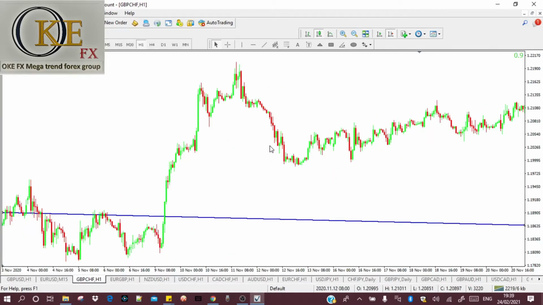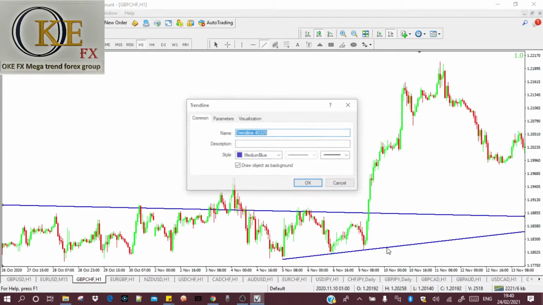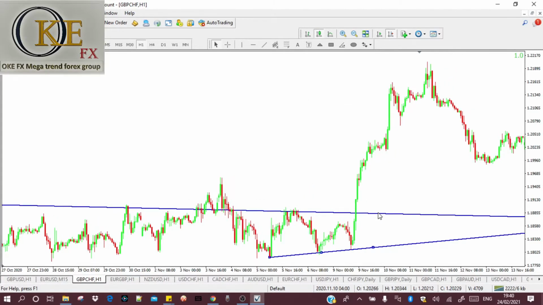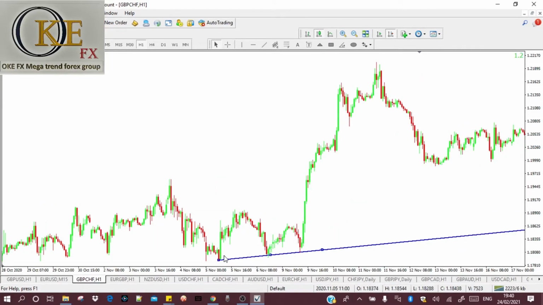A diagonal support. Okay, and basically what we do is just simple. Connect the first point, look for where price is adjoining it, as in respecting a particular trend line. Now let me say I delete this. Can you see? So this is support 1, support 2, support 3.